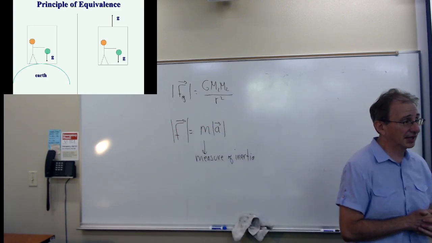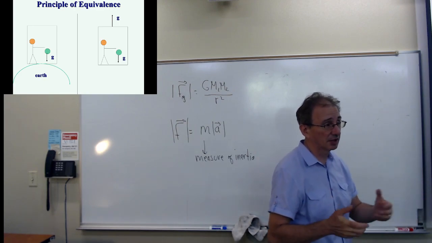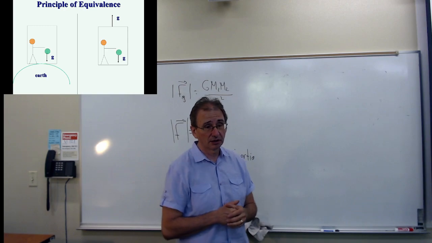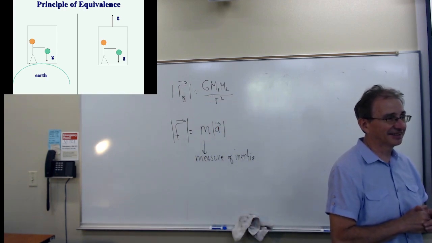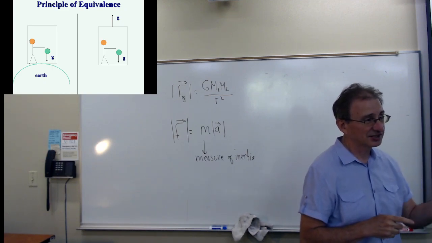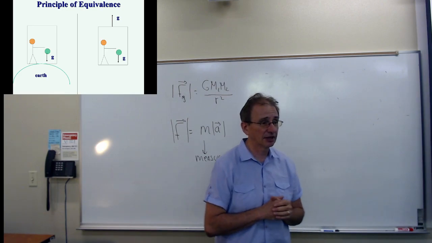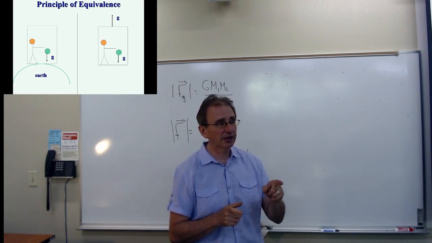The other one was that the laws of physics are the same in any reference frame. The theory of special relativity said that the laws of physics are the same in all inertial frames. He changed it so that the laws of physics are the same in every frame. Now I have to be careful with that.